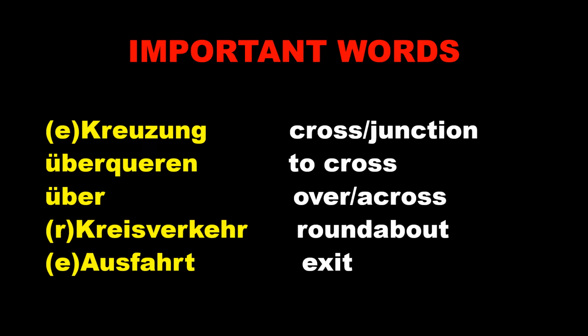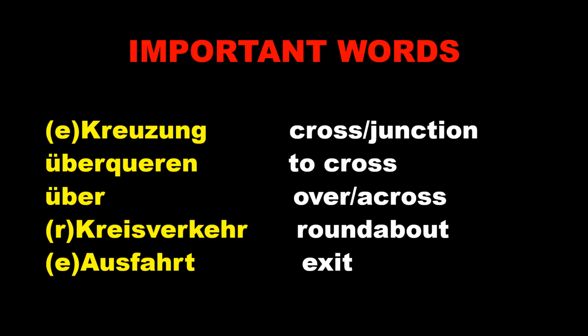Ausfahrt, exit. Here you can see I have written in bracket E, R, E again. So this E in the bracket denotes the article of that word. E means die Kreuzung. Once again I'm repeating these words: die Kreuzung, überqueren, über, der Kreisverkehr, die Ausfahrt.